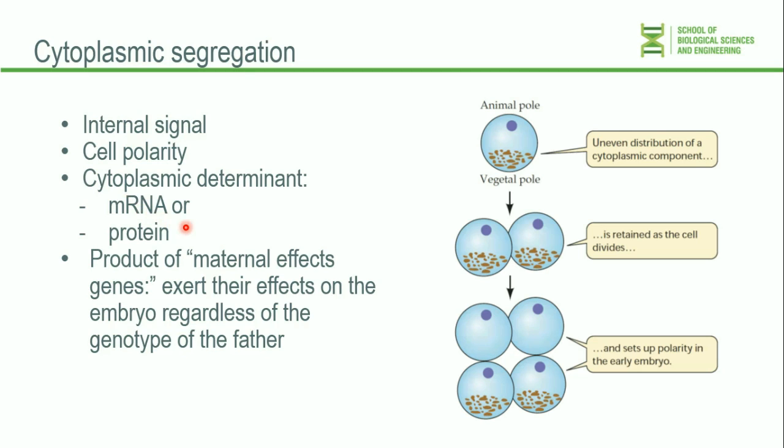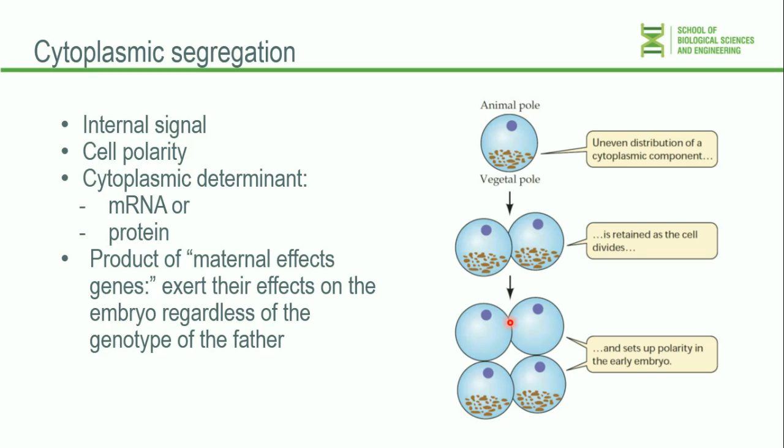That means that if a cytoplasmic determinant tends to be up here near the animal pole, after some divisions, we will get some cells that contain the cytoplasmic determinant and others that don't. Or the cytoplasmic determinant may be in the vegetal pole, and in this case, after subsequent divisions, some cells are going to have the cytoplasmic determinant and others don't.